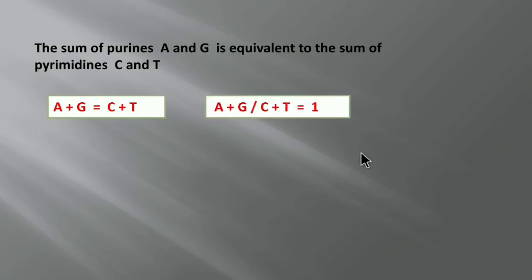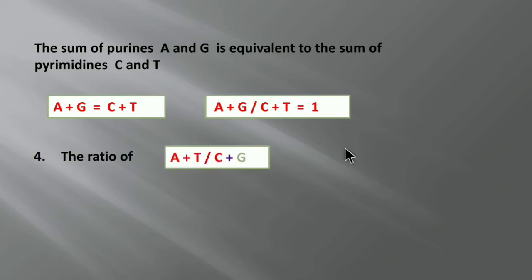That is, A plus G equals C plus T, or A plus G divided by C plus T equals 1. But the ratio of A plus T divided by C plus G is variable. It is not equal, it is variable.